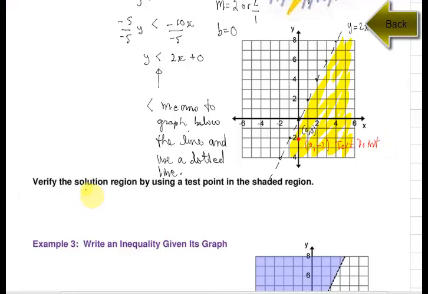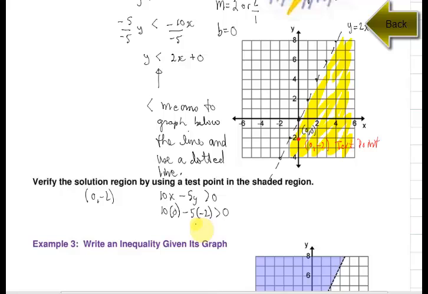Okay, so I'm going to plug that into my original inequality. So 10x minus 5y is greater than 0. And in place of x, I'm going to put 0. And in place of y, I'm going to put -2. And I get 0, and -5 times -2 is 10.